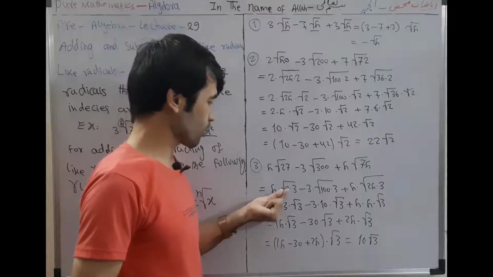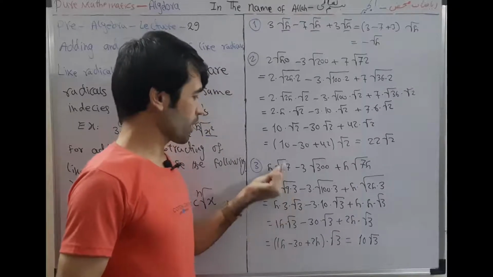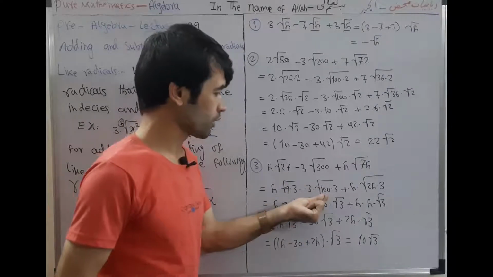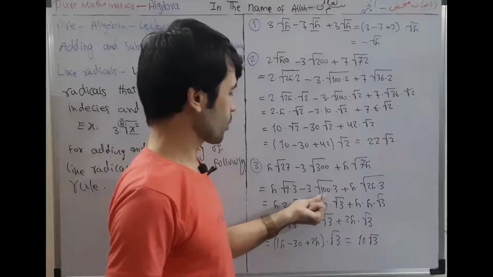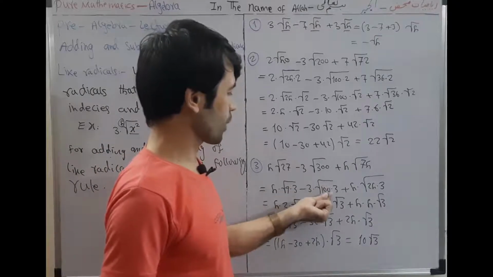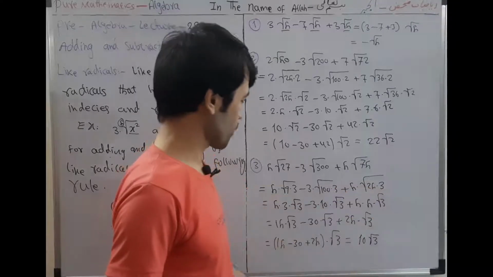5 into square root of 9 into 3. If we multiply, then we get 27. Same way, and similarly we factorize 300 by 3 into 3 plus 5 into 25 multiplied by 3.